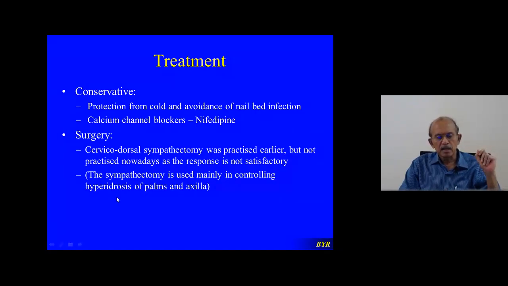Such patients can be managed by the sympathectomy operation. That is the only indication nowadays. The earlier indication of Raynaud's disease is no longer followed because the results are not satisfactory, and even if they are satisfactory in the beginning, the response is not lasting.